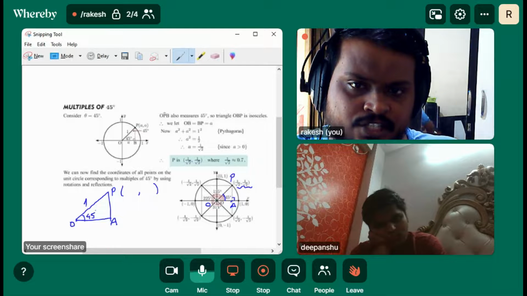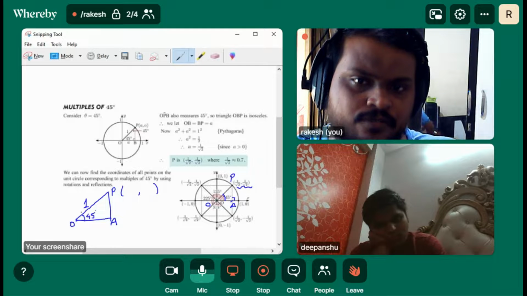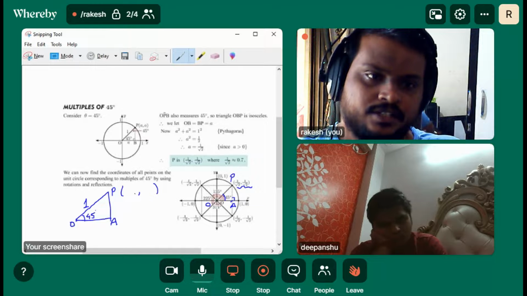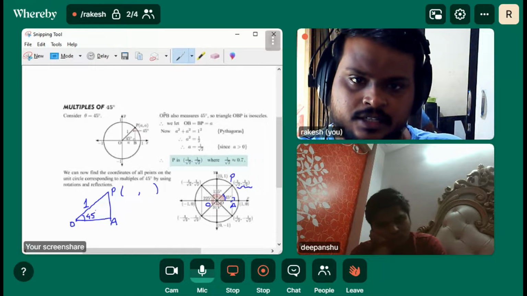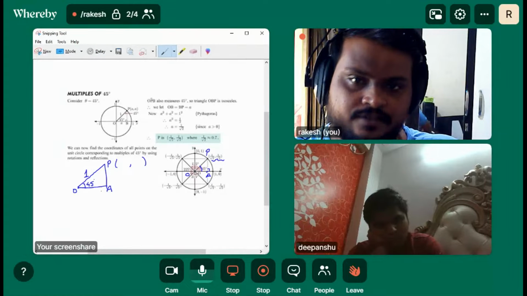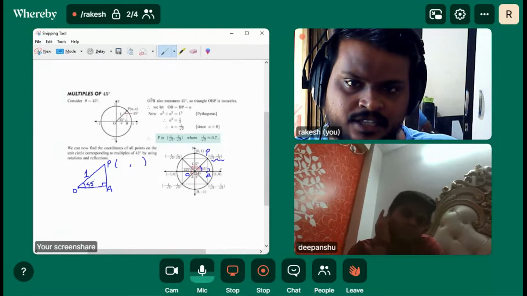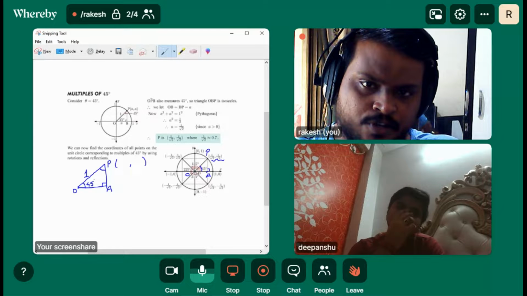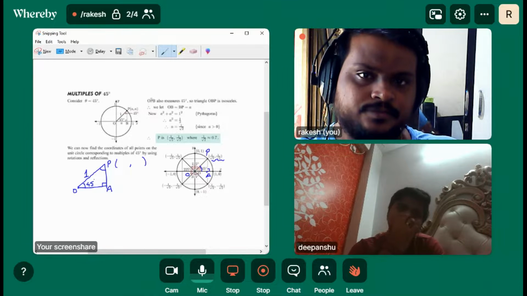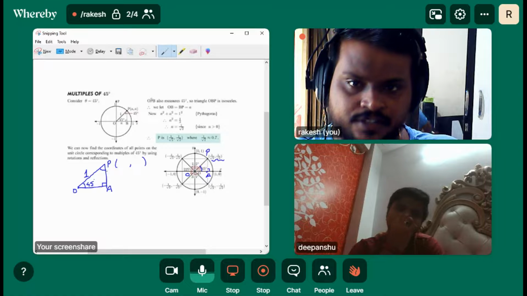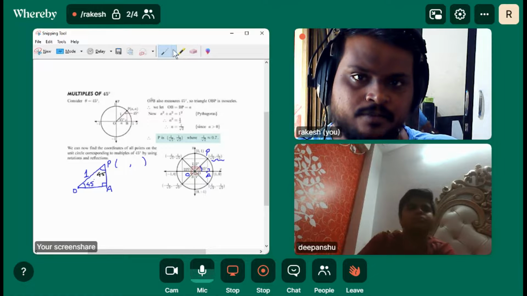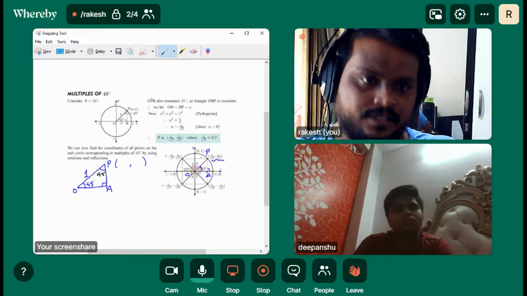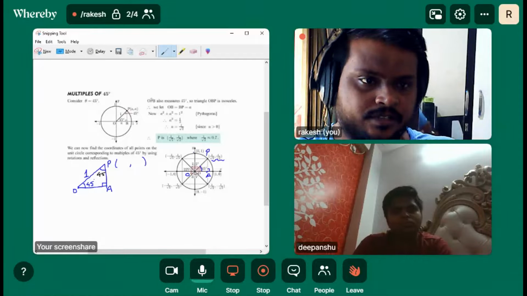Since this is unit circle, the radius of circle is going to be 1, and because of angle 45 and the 90-degree here, since this is right angle triangle, what is the measurement of this angle? 45. So if this is 45-degree, this becomes an isosceles triangle, right? Fine.